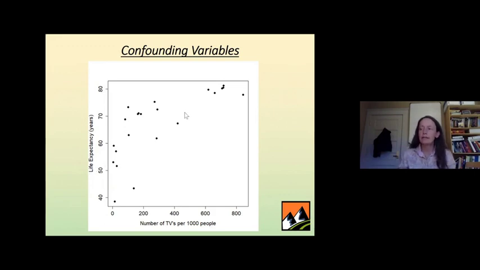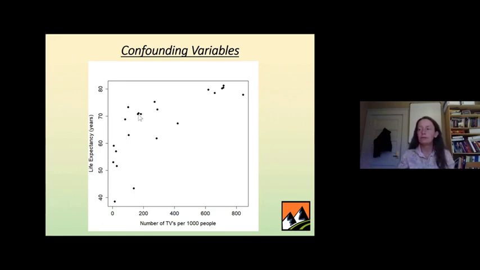And so that's why we cannot make cause and effect conclusions just with associations that we find in observational studies, because there could be all of these underlying effects that are actually causing the relationship that we're seeing.